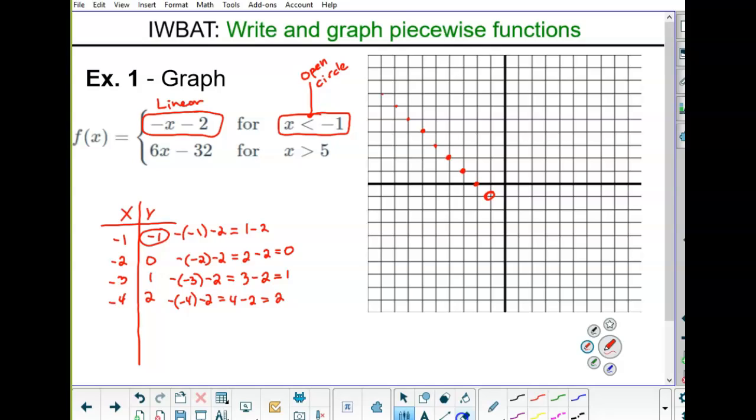So you could just keep plotting all of those points without really generating a table. Okay? But we know for sure we can't go past x equals -1. Okay? That's my domain. It says this part of the graph is only true for numbers less than -1.